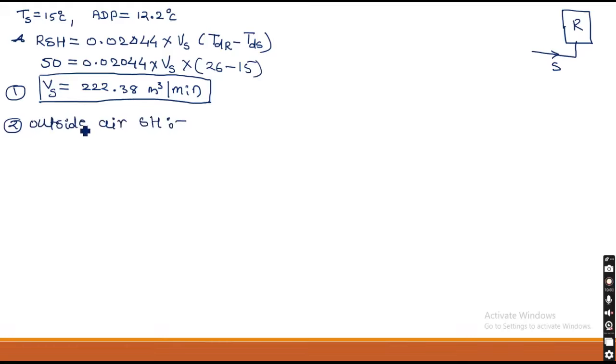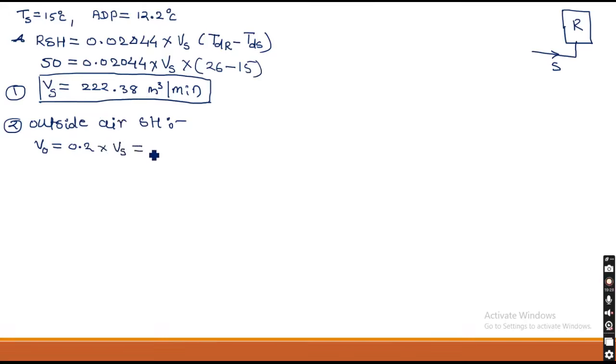Now we know that outside air is 20% of supply air. In the numerical it is given that the outside air is 20% of supply air. So that's why we can say that the volume flow rate of the outside air is 0.2 times the volume flow rate of supply air. And we know the supply air is 222.38.